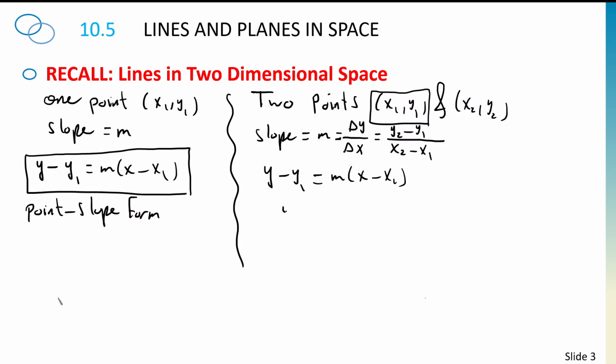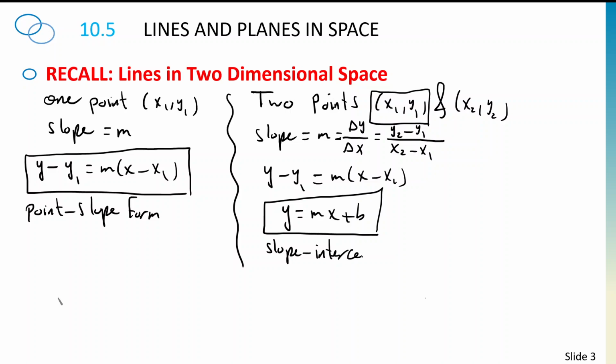If we need to simplify this equation and write it in this form, so this form is what we call mx plus b. This form is what we call the slope-intercept form. Okay, this is what you know about the two-dimensional space.